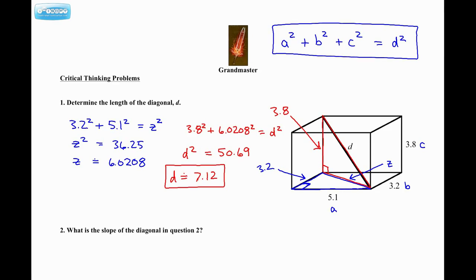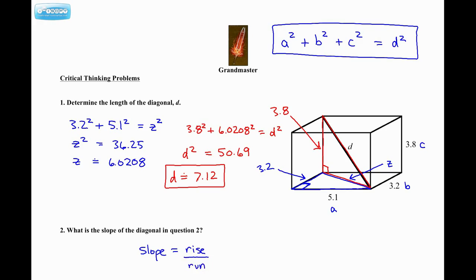All right, let's go back in time a little bit. Question 2 says, what is the slope of the diagonal in question 2? So what's the slope of this line here? You may think, oh my goodness, it's been too long since I've dealt with slope. I don't know how to do this. Trust me, it's pretty simple. Remember, slope, two words: rise divided by run.